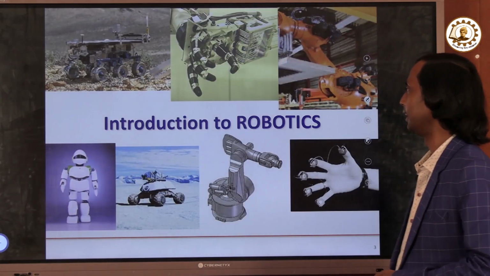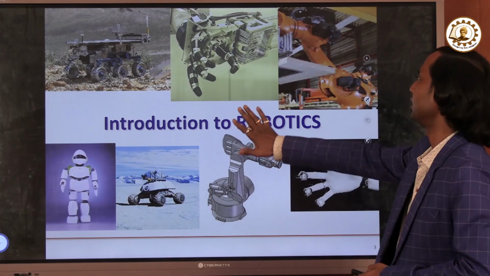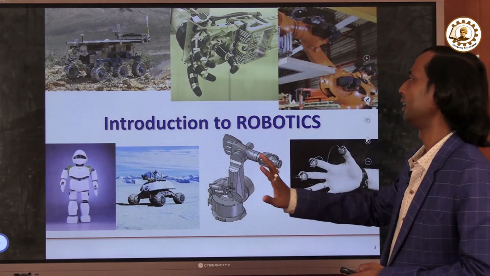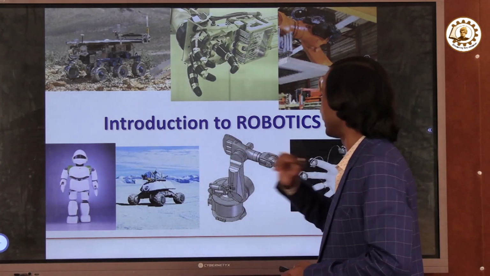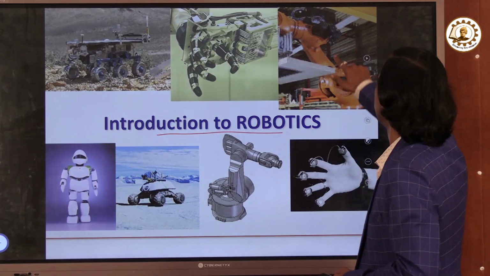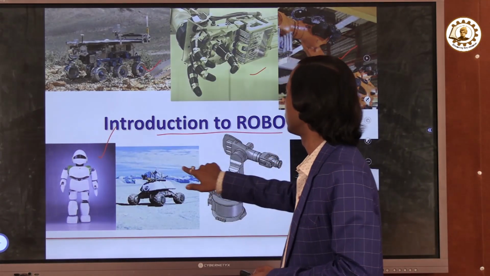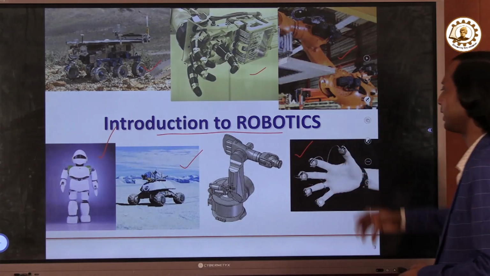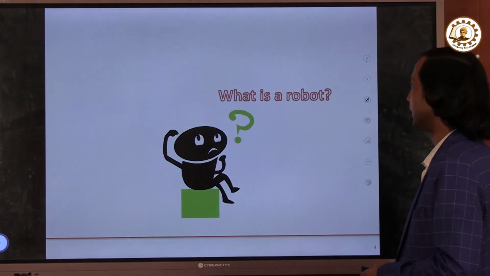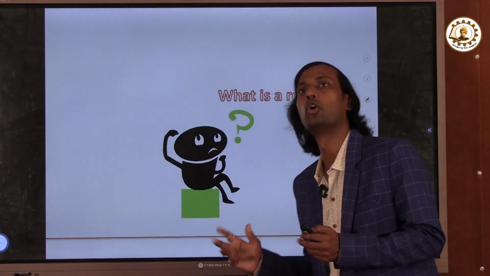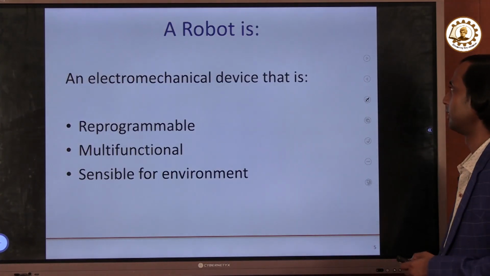Then there are so many pictures. You just see, this is a humanoid robot, this is a robotic hand. Then what is robotics actually?